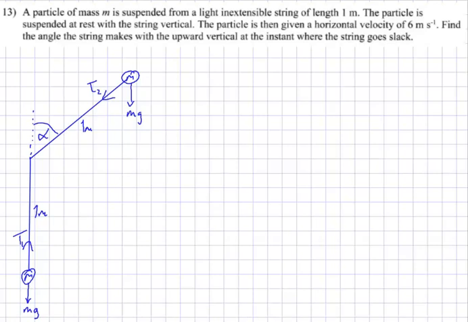We've got the weight vertically down, and tension on the string, which is still just about taut. So we're interested in that moment just between it going slack and it being taut.